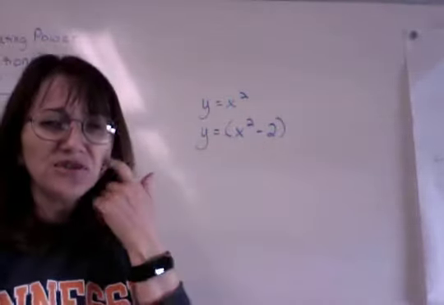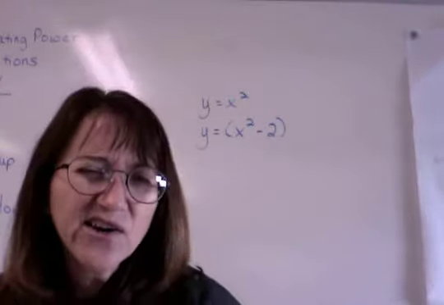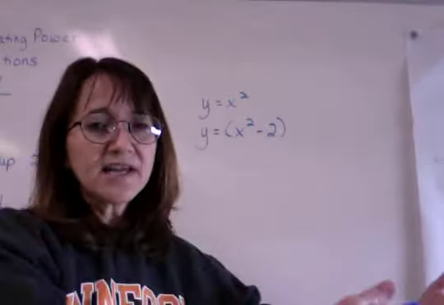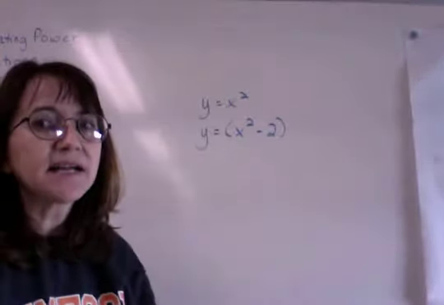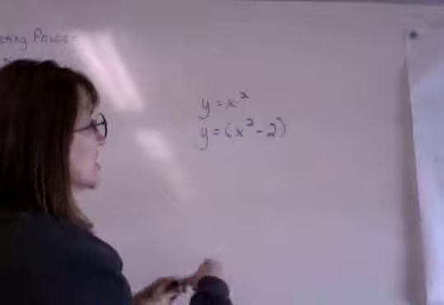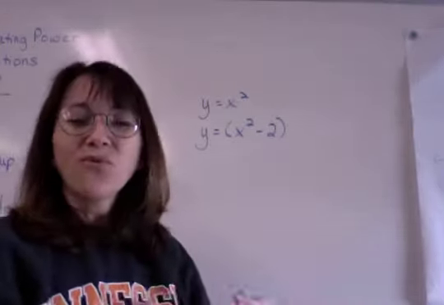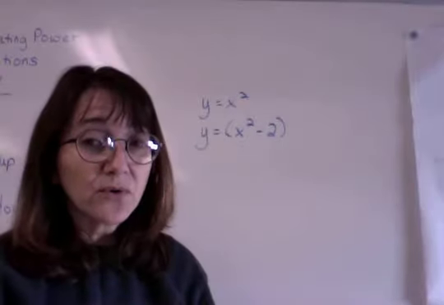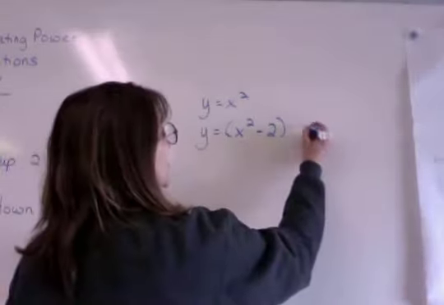It says negative 2, and you think, oh, negative, I'm going to go down. But when you're translating something inside parentheses or inside absolute value symbols, you're doing the opposite. Why is it like that? I don't know. When you get to heaven, we can ask God what happened. But we are going up.